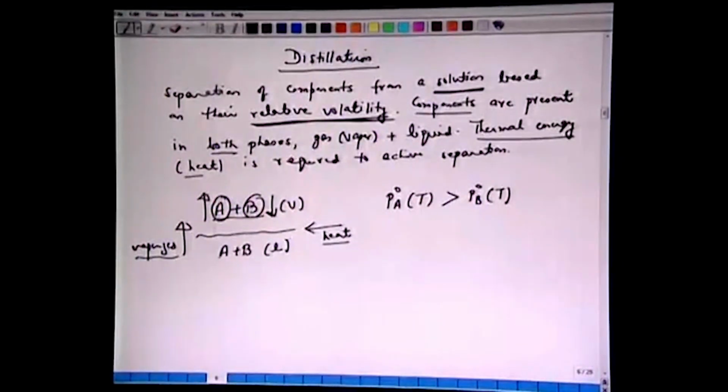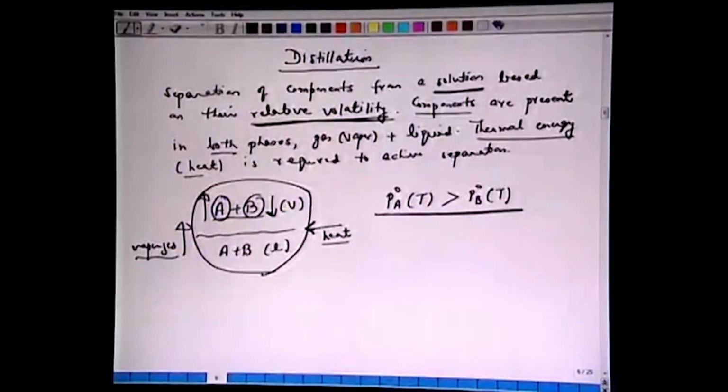So this is the way we are going to do it. We take this mixture of A plus B, give them heat, energy, make use of difference in the relative volatility or the vapor pressures to achieve the separations from one level, say Y1 or X1, to this phase which is rich, maybe Y1 is much larger than X1.